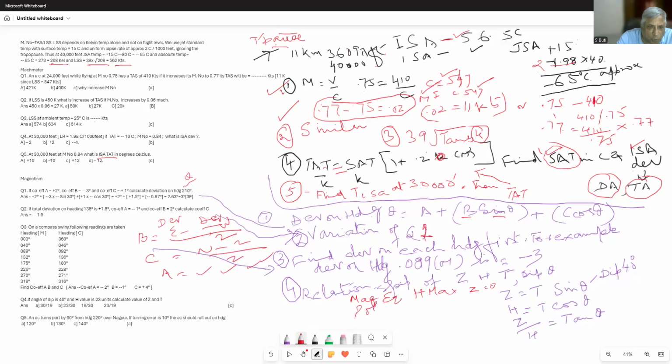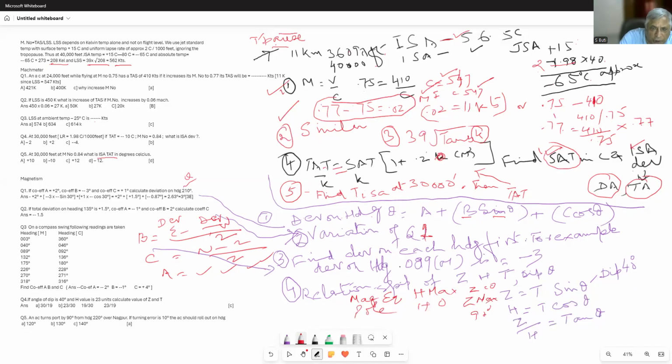At the pole, the value of H is 0 and Z is maximum. The angle of dip is 90 degrees at the pole. Angle of dip at the equator is 0 degrees because both the North Pole and the South Pole are applying equal force on you and the needle will not dip.